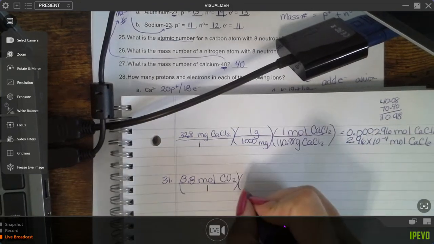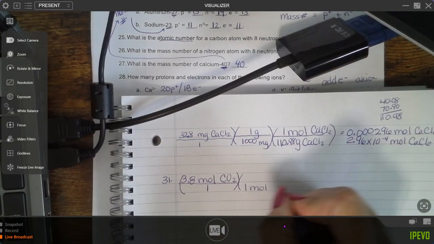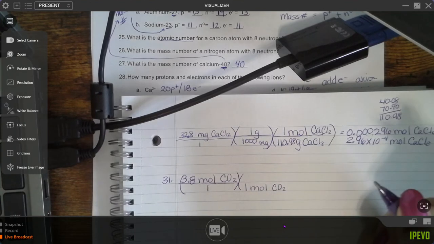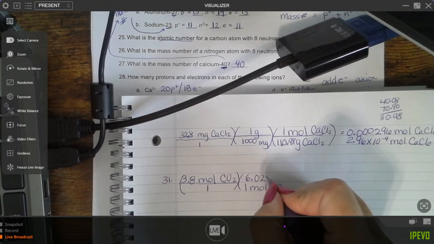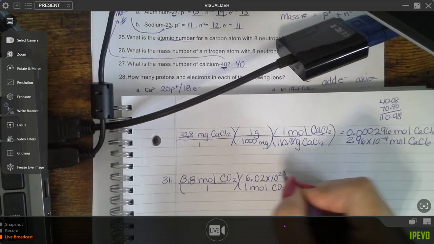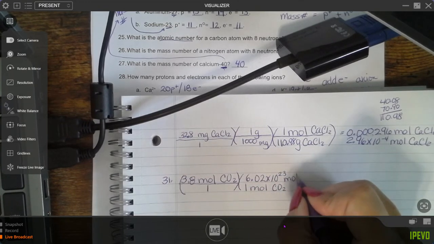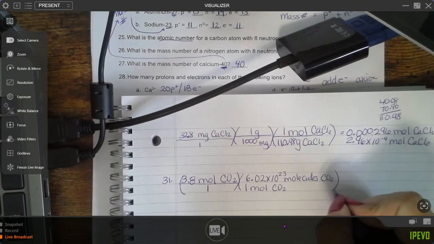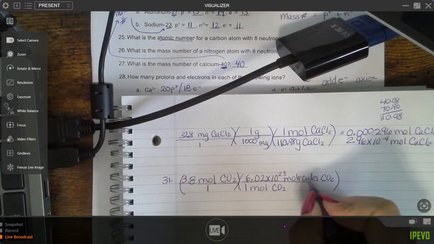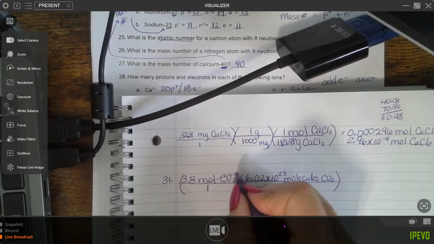We know that 1 mole of anything, so 1 mole of CO2, has Avogadro's number, 6.02 times 10 to the 23rd molecules of CO2. That's relatively straightforward.